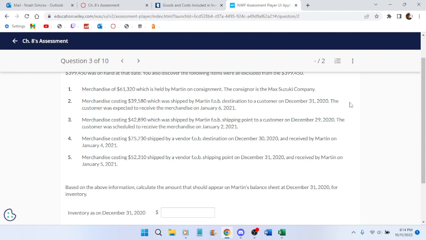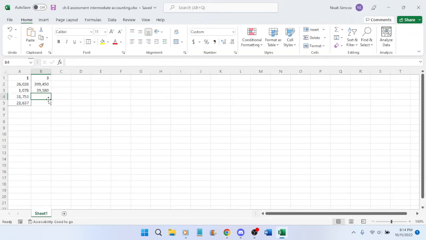So that one does not count as inventory. It counts as cost of goods sold because it says shipped, FOB shipping point, costing shipped by a vendor, FOB destination. So since it's FOB destination, it doesn't count. And shipped by vendor, FOB shipping point. So therefore, this counts, 52,310.